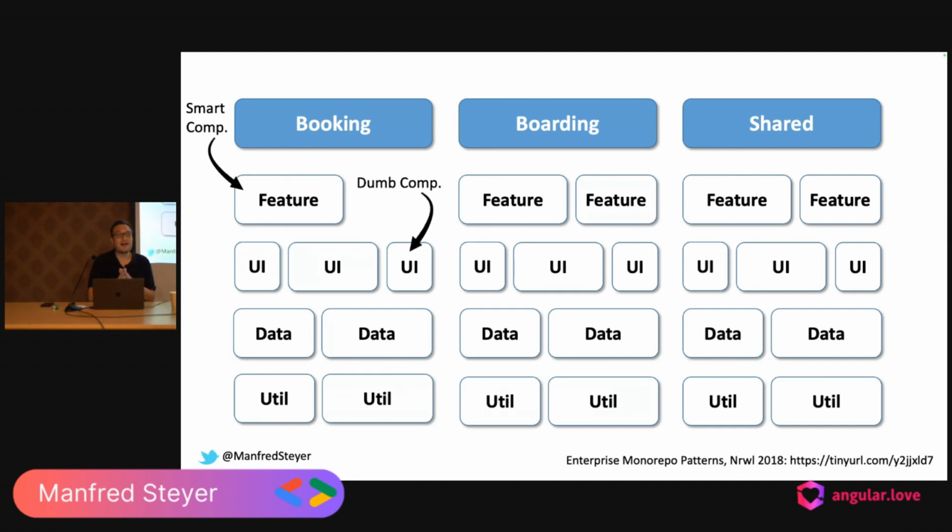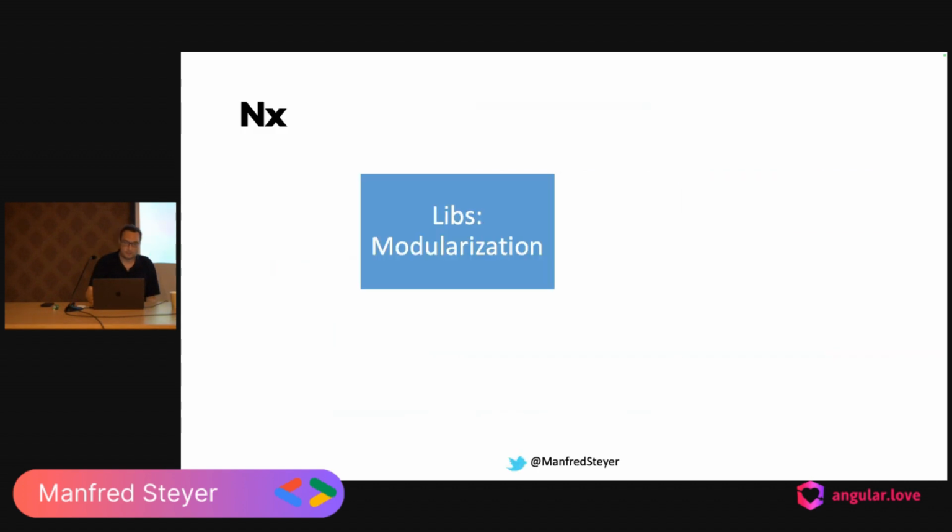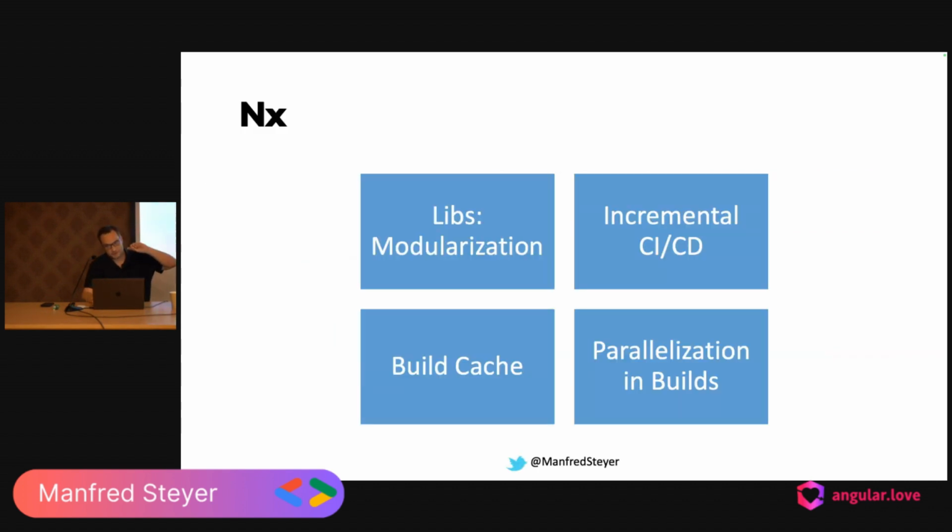However, this is how NX is working, because NX mainly operates on a per library basis, and so you end up, I have not counted, with a huge amount of libraries where you can define access restrictions where incremental CI/CD happens.